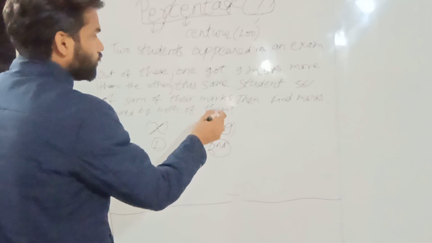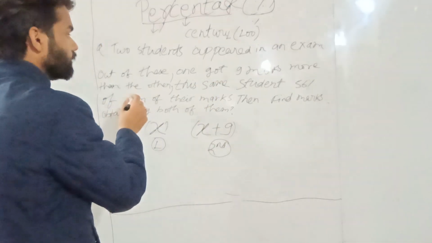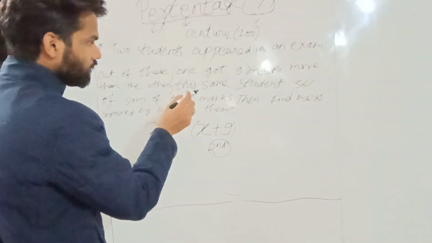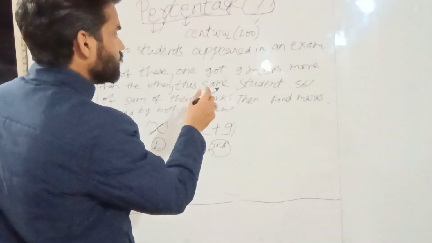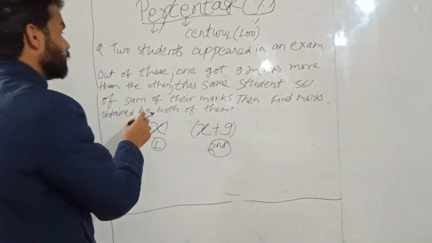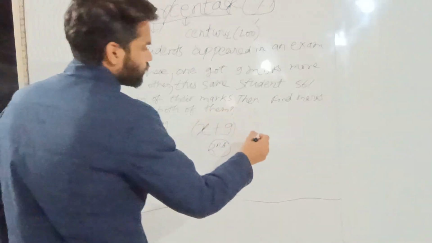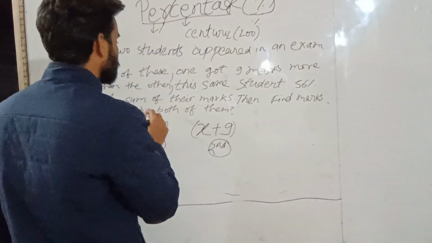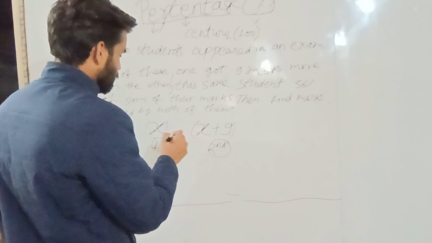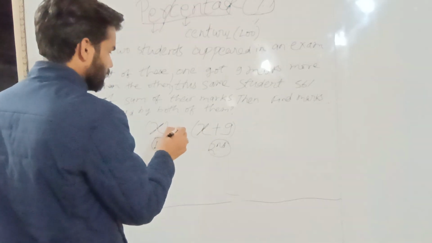Then the person who had got 9 marks more than the other, this same student got 56% of the sum of their marks.